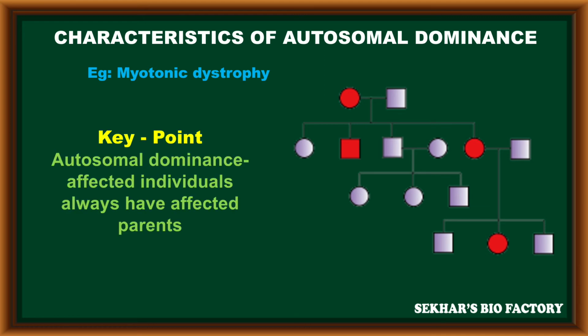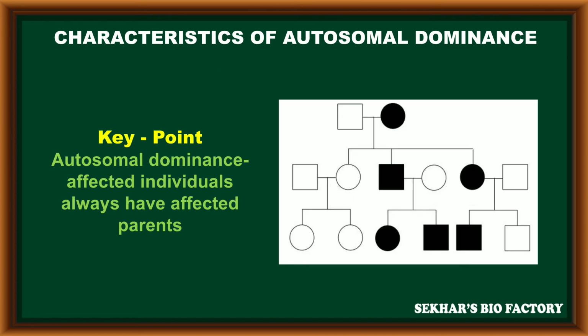One important tip to identify an autosome-linked dominant disorder: the affected individual always has affected parents. That is the important clue here. Coming to one more example, it confirms there is no skipping of generation, it is dominant, and both male and female are equally affected, which confirms autosome-linked, and the affected individual has at least one affected parent.